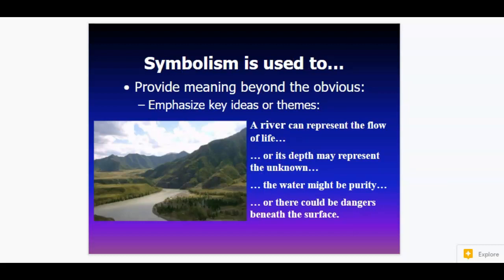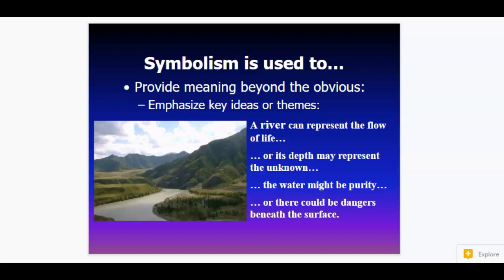Part of what I mean by providing meaning beyond the obvious is that symbolism often emphasizes key ideas or themes in literature. So if there's a river in the story, maybe it's the flow of life because a river flows. Maybe the depths of the river are unknown, and so when they put it in that particular section, the characters are learning things about themselves or are testing the water.